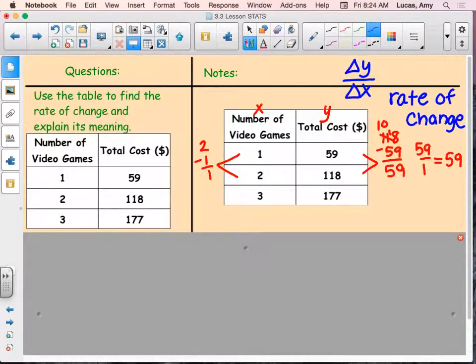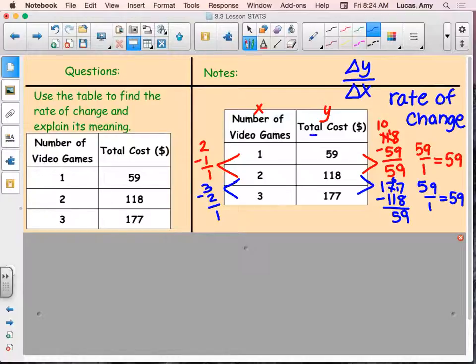Then my second rate of change, I need to check. 59 again, and 1. So 59 divided by 1, 59. So what this is telling me, my rate of change is a constant. It was 59 each time.